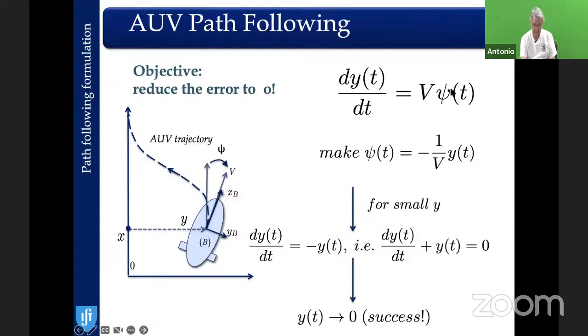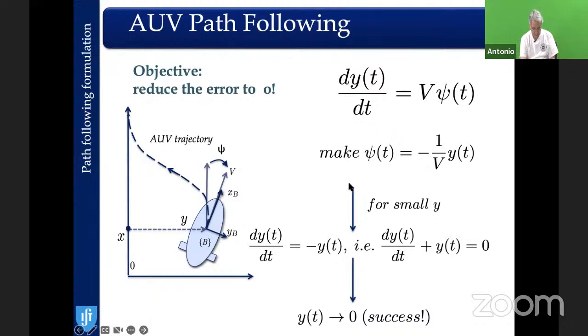This is what you have. You don't know what psi should be. But there's one thing that you know. You would like for y to go smoothly to 0, maybe exponentially. So you start dreaming of the differential equation that should be obeyed by the closed loop system, such that in closed loop, y goes to 0.